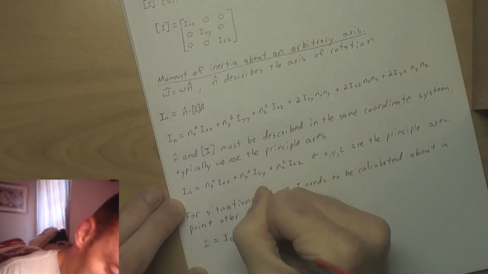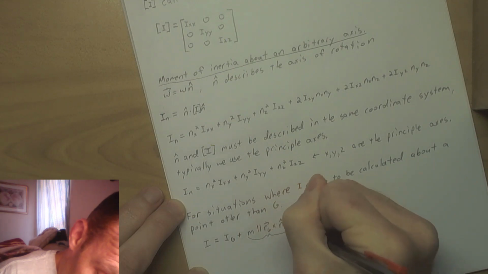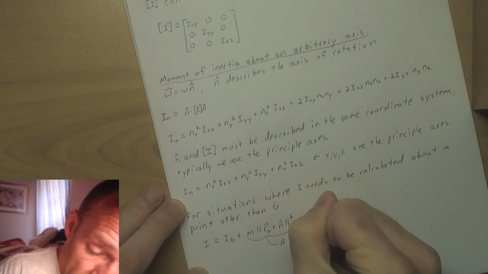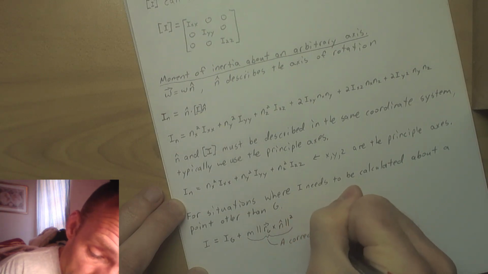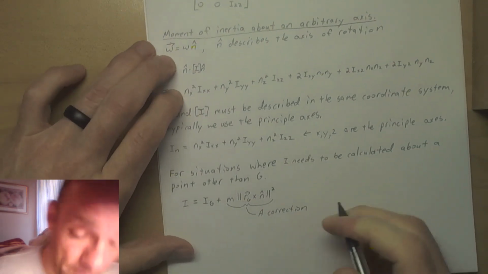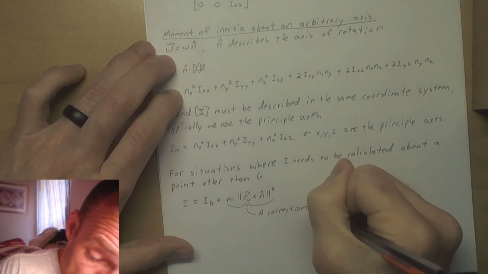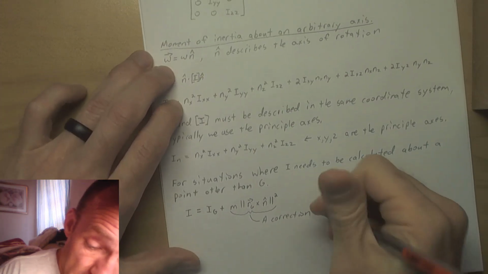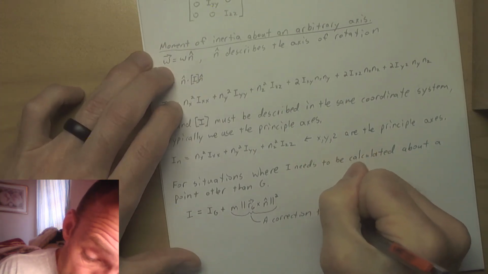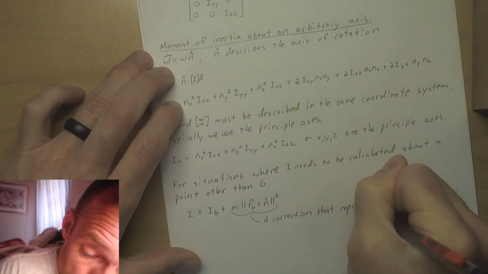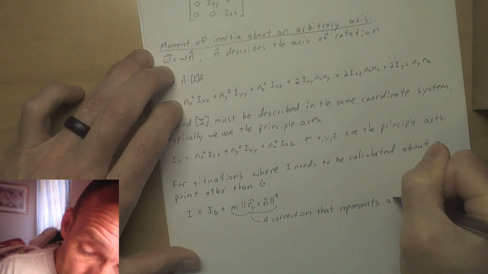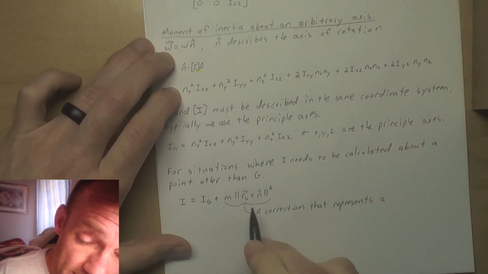Now this turns out to just be a correction, and it represents what the moment of inertia would be if the total mass were concentrated at G.